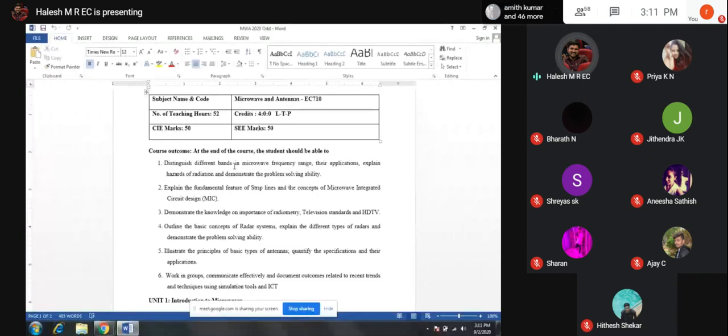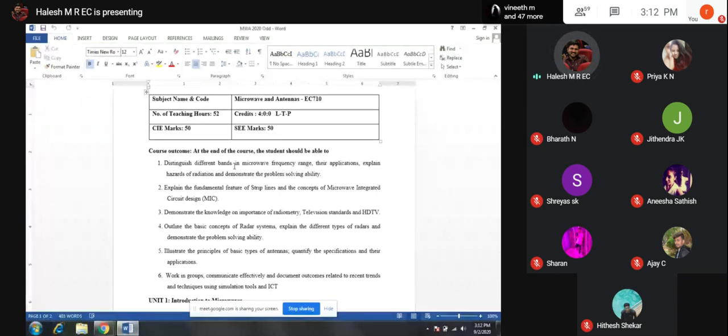Second, explain the fundamental features of strip lines and the concept of microwave integrated circuits. Strip lines correspond to a type of antenna or traveling wave tubes which you are going to fabricate on an IC. The application is the microwave integrated circuit, where you are designing it on an IC.